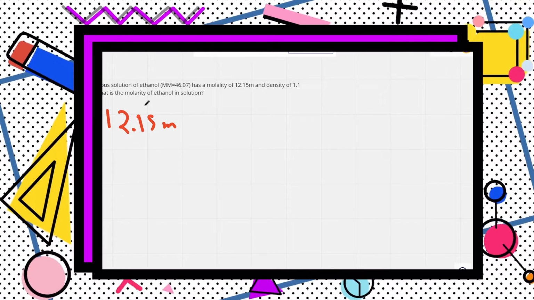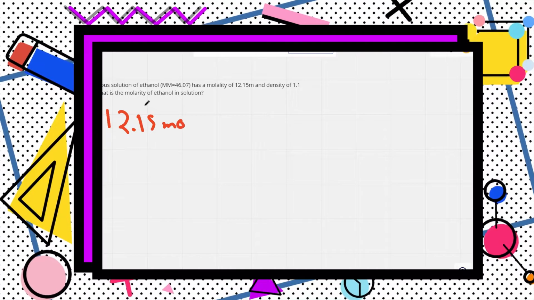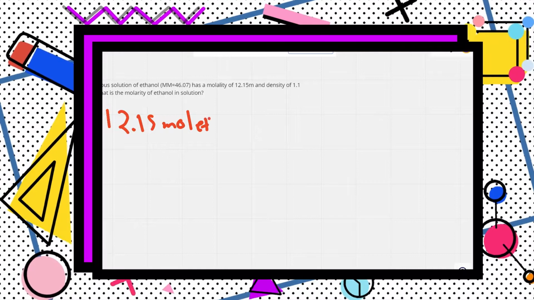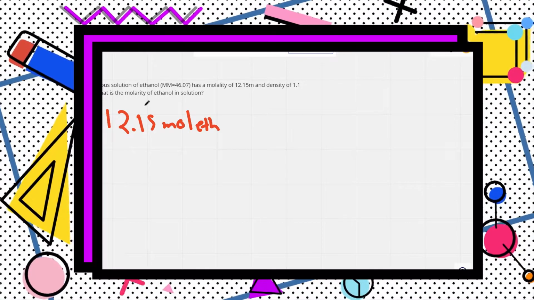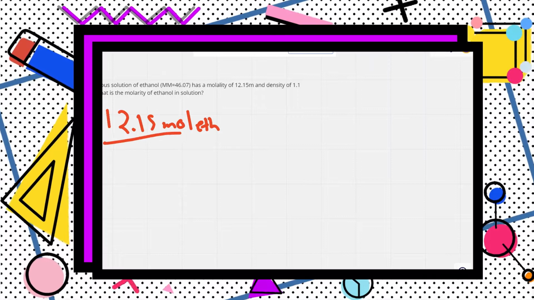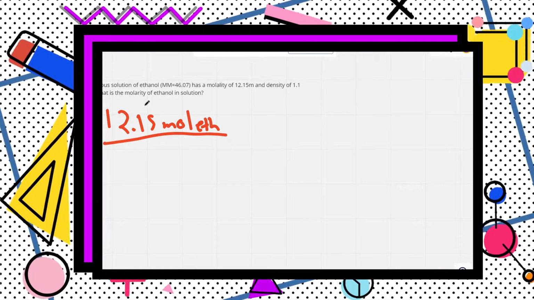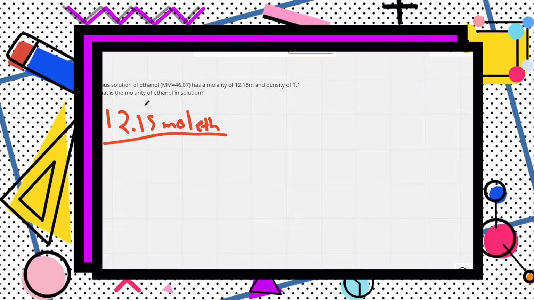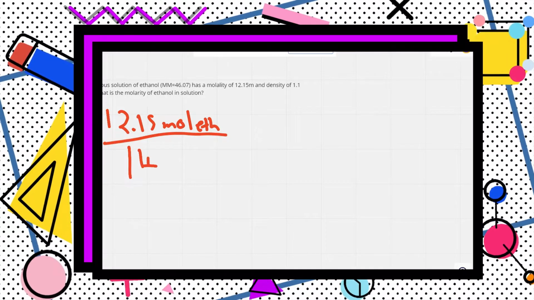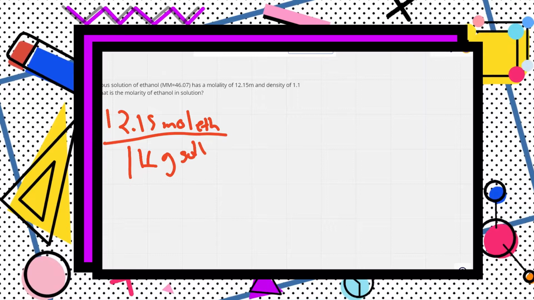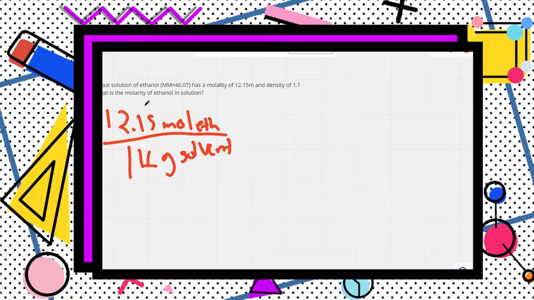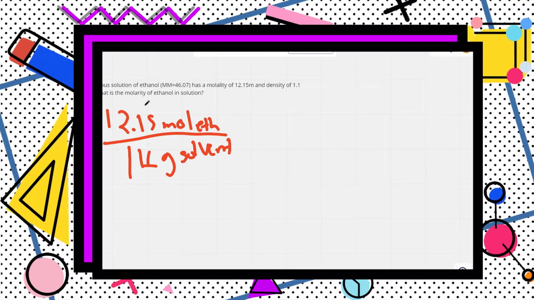We need to understand that with molality, this is 12.15 moles of our ethanol, and then we have 1 kilogram of our solvent. So we're looking at molality right now.